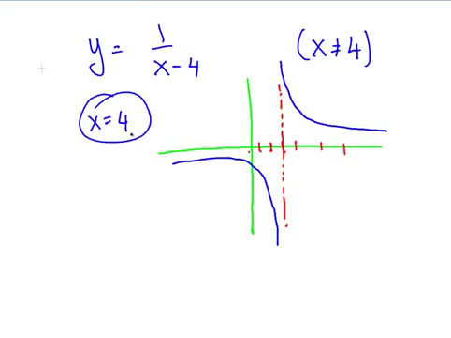In this case, it's just painfully obvious. The graph drawn there in blue, the green lines are the x and y axes. The blue curves represent y equals 1 over x minus 4.